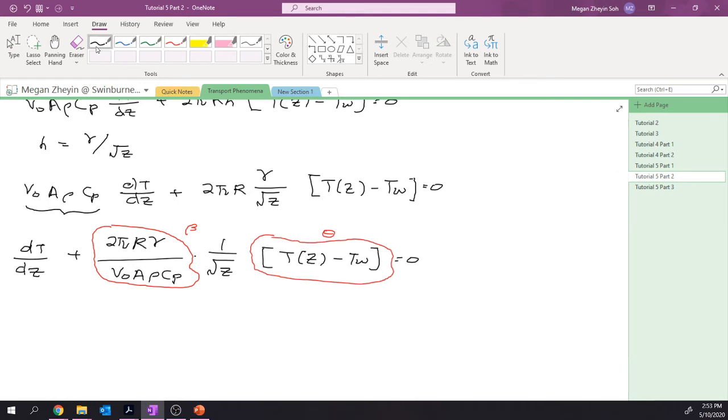So in this case, T(z) minus Tw equals theta. That leads to d theta over dT to be 1, giving d theta equals dT. We can substitute d theta over here since we are defining the new variable theta.